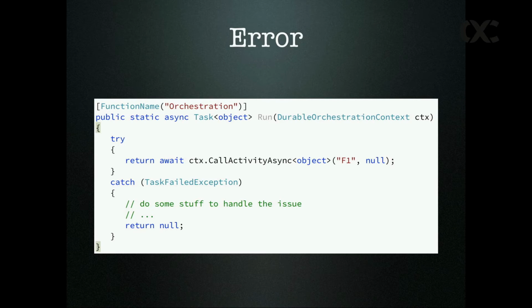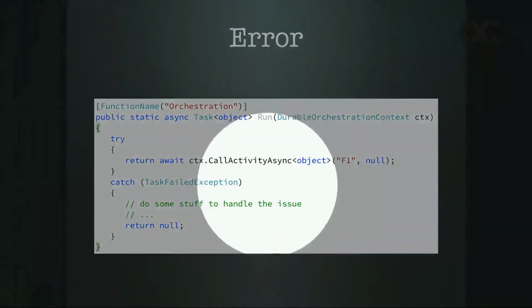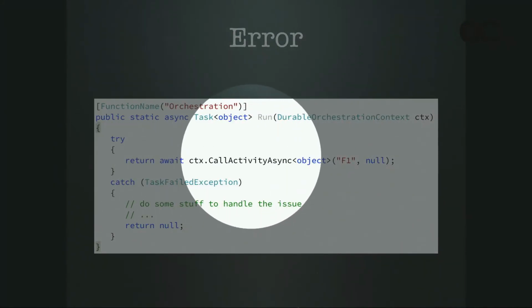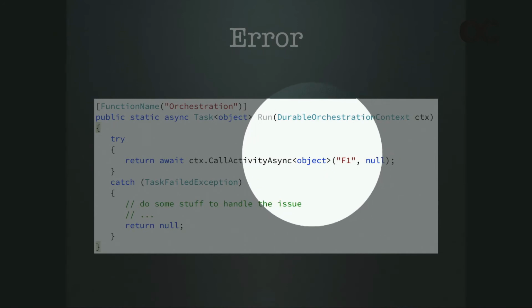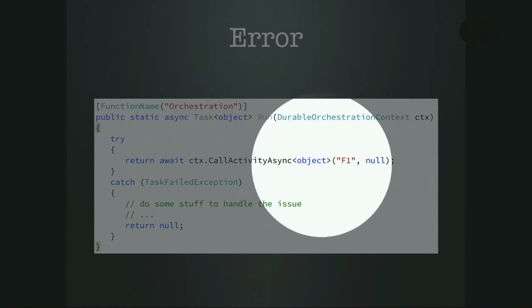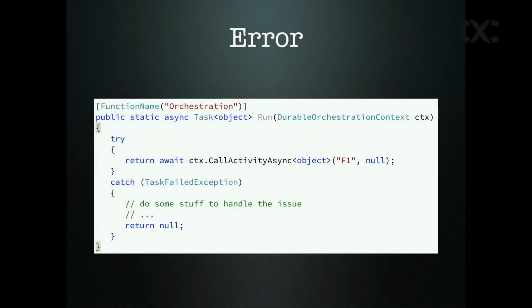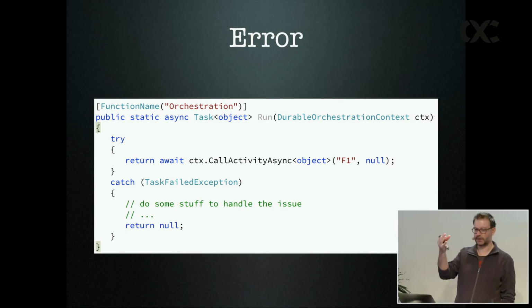In case you have an error, what happens? Exception. We have a try-catch here in our function, and in the orchestrator, we call the activity F1, and that calculates an arbitrary value. And if there is an exception there in the code, the exception gets serialized, gets populated up in the runtime, and gets rethrown at that point in your orchestration.